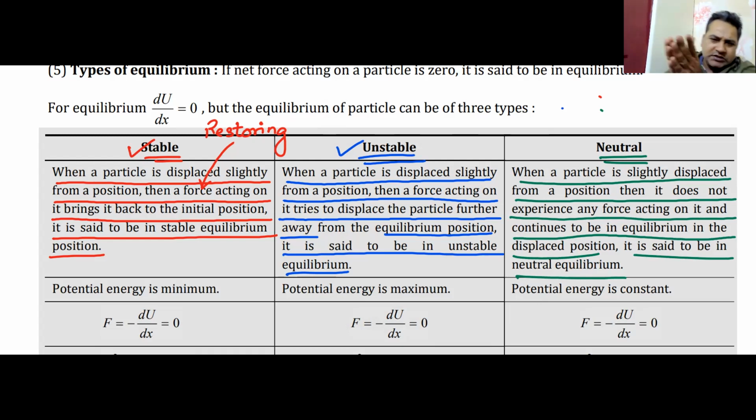When it was in this original position, there was no force. When I push it or move it to the other side, there is still no force. So it will still remain in equilibrium. Such type of equilibrium, marked in green, is known as neutral equilibrium.